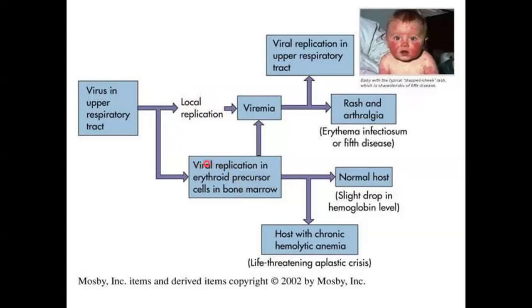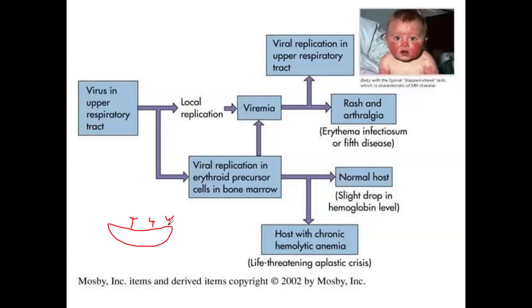So let me draw, so I'll explain to you. If this is an immature RBC, there are usually antigens on the surface of the RBC. Remember, these are the immature ones.